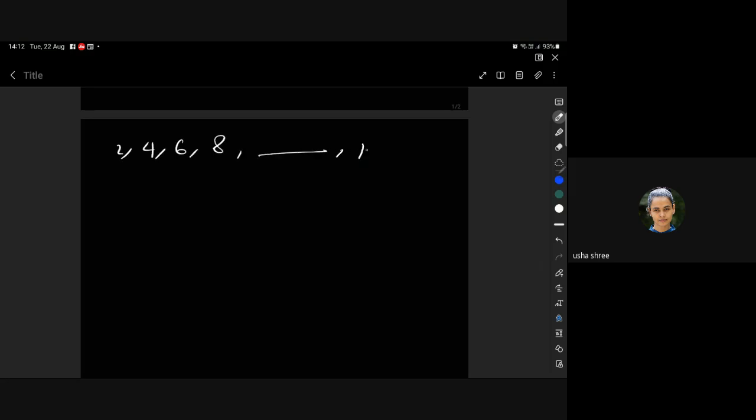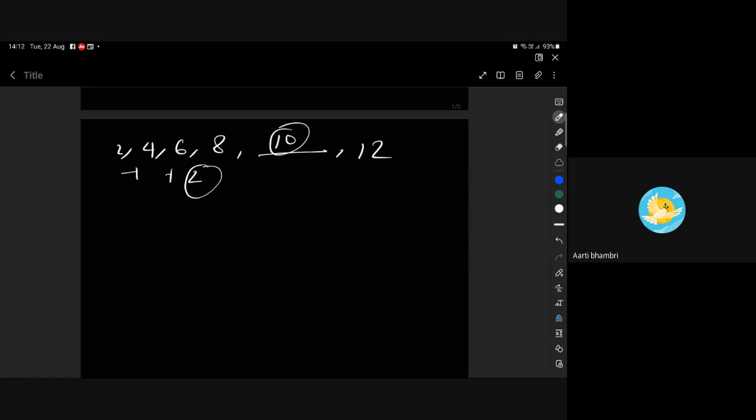What will be the next number? 10. Understood? Because all the numbers are getting increased by 2; 2 is added to each number to get the next one. So 2, 4, 6, 8, 10.